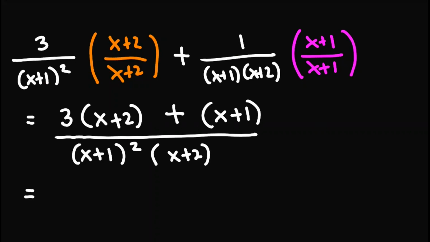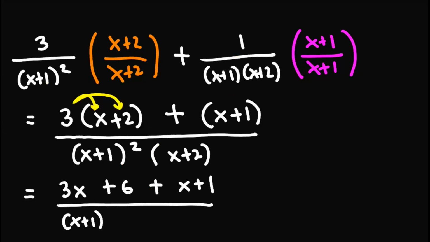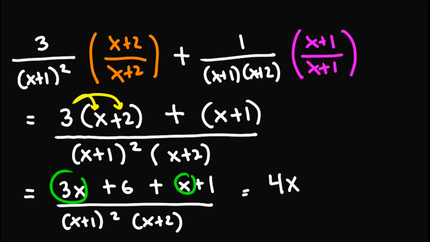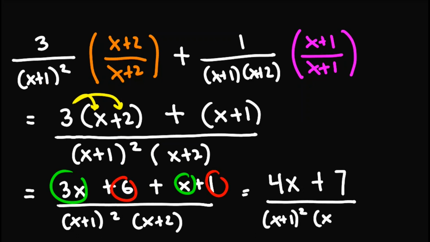Simplifying the numerator, distributing this 3, we'll obtain 3x plus 6 plus x plus 1 all over x plus 1 squared times x plus 2. Combining the like terms, which is 3x and x, we'll have 4x out here, and combining the 6 and the 1, we'll have 4x plus 7 all over x plus 1 squared times x plus 2. And that is the answer for this one.